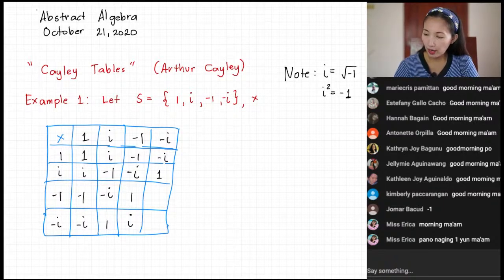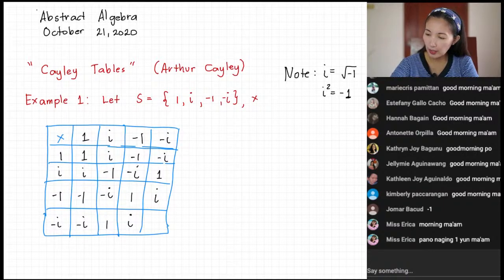Next, negative I times negative 1 times negative I should be positive I. And finally, negative I times negative I. How did that become 1? Okay, later. Negative I times negative I is positive I squared.